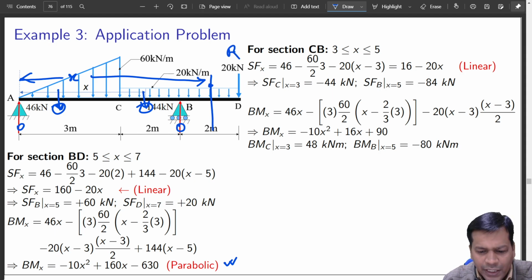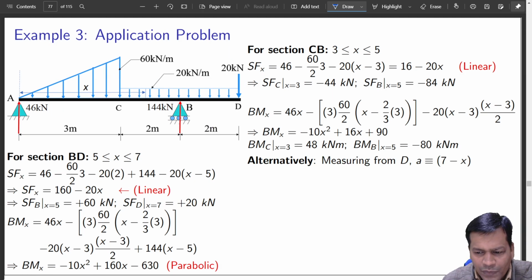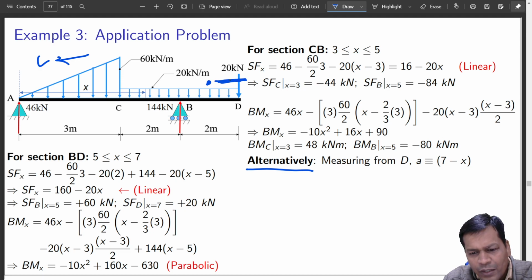Yes, it can be done and you will get a similar equation. This is an alternative way you can do it, because you see a lot of loading which is there on the left half of it. If it is along this region, it is good to do it due to loading which is on the right half of it, okay.